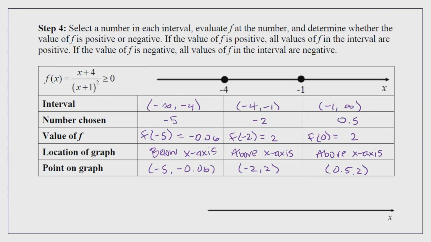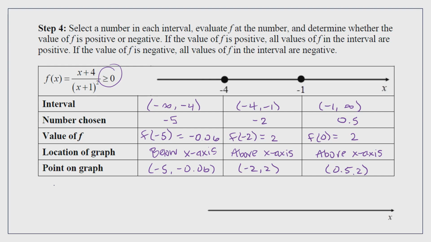So we're going to have our graph be on different sides at that 0. Okay. So for our inequality, we want all of the x values that are greater than or equal to 0.